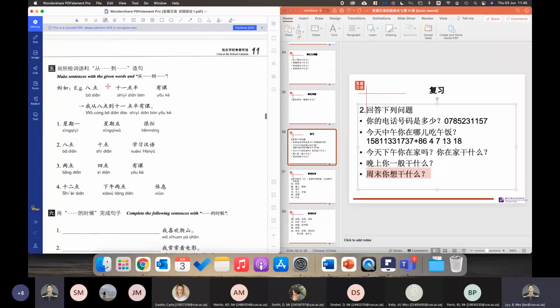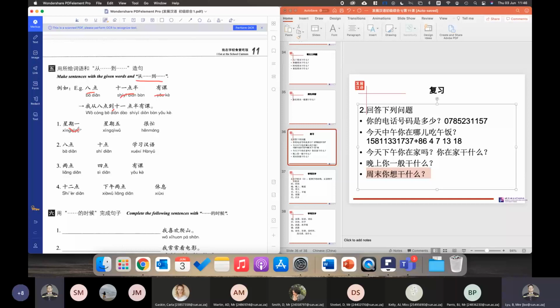Next exercise, number 5. Make sentences with the given words. 从到, from to, right? Can be from a time point to another time point, or from a place to another place. 8点, 11点半, 有课: 我从8点到11点半有课.